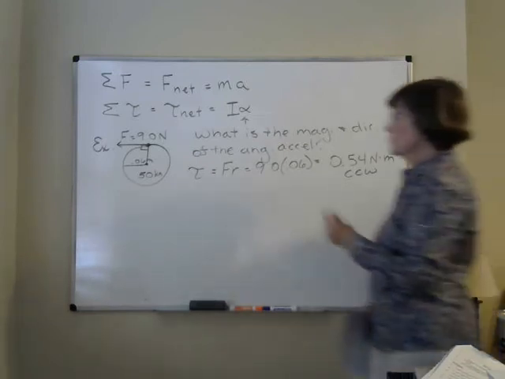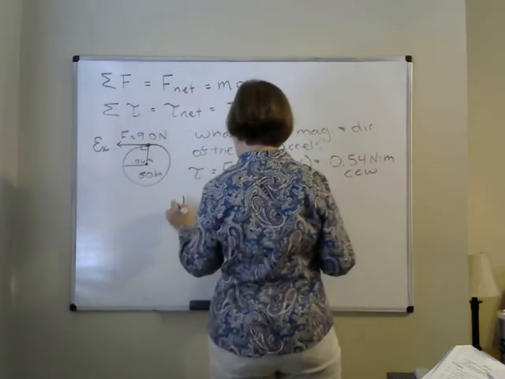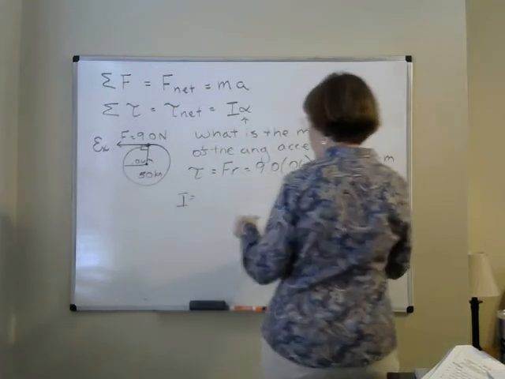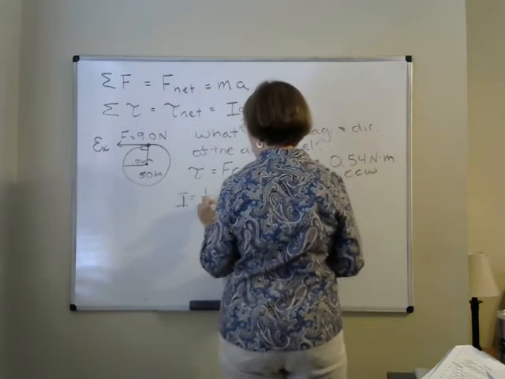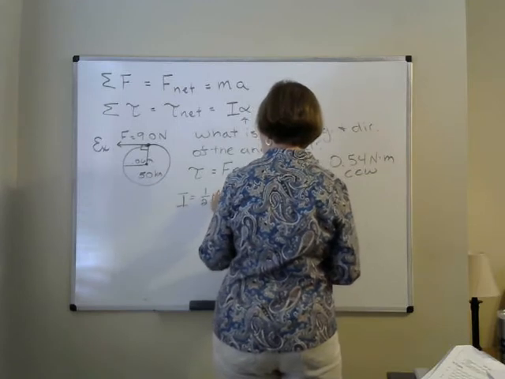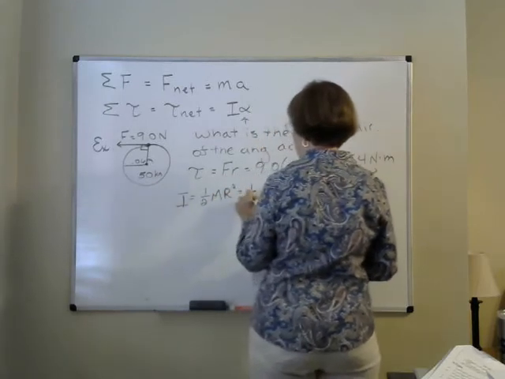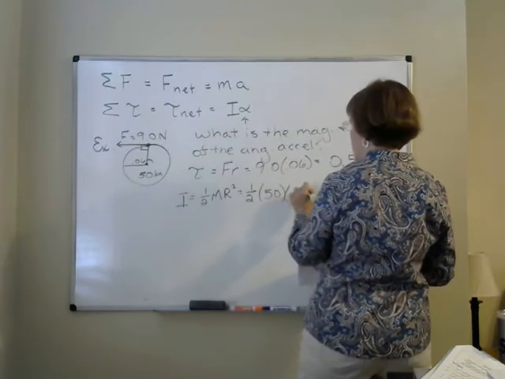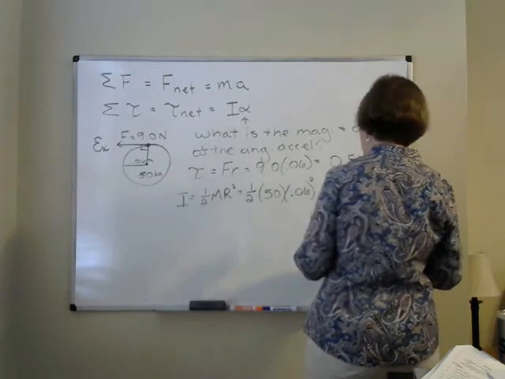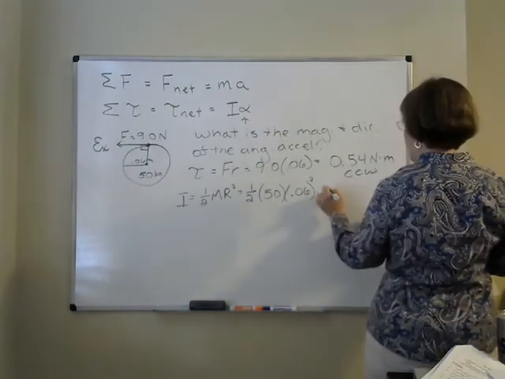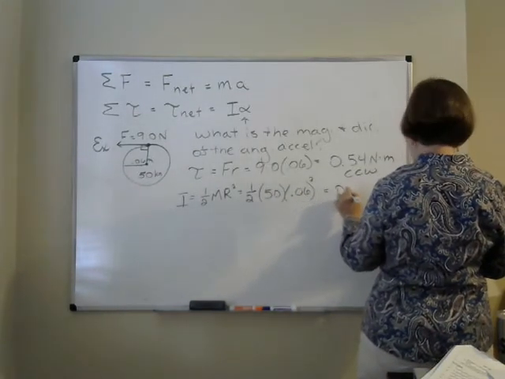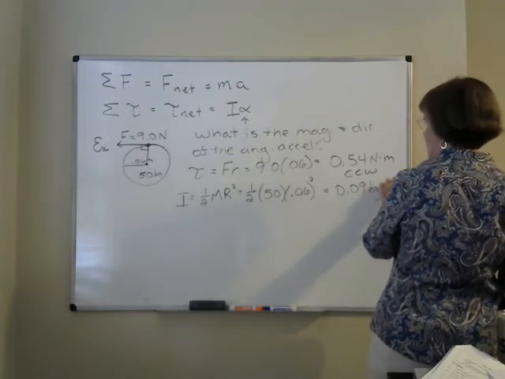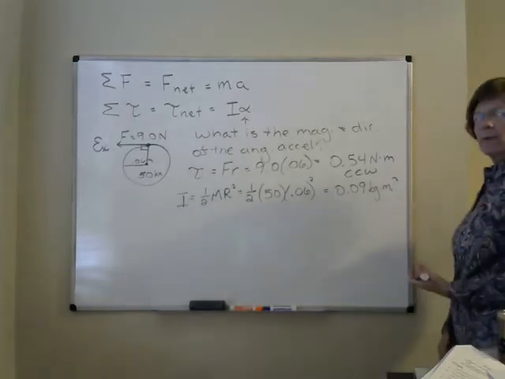The moment of inertia for a disk is 1/2 mr squared. So for this disk that weighs 50 kilograms and has a radius of 0.06 meters, 1/2 mr squared came out to be 0.09 kilogram meters squared. So we have our torque, we have our moment of inertia.